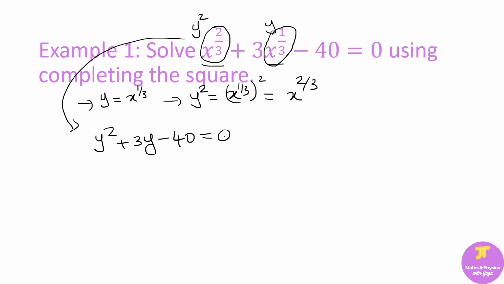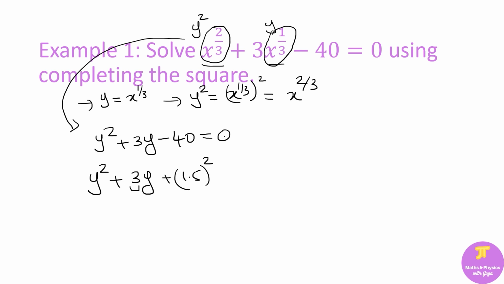Now, to use completing the square, as you know, we have y squared plus 3y, and what we need is half of this one, 1.5, to the power of 2. As you know, this will give us a square.